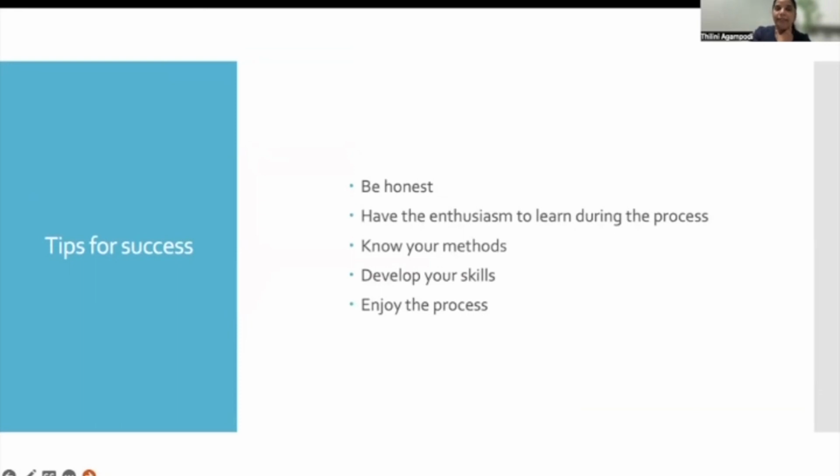Actually, you are successful in qualitative research if you are honest, because a researcher can always interpret wrongly. A researcher can always state what he wants in qualitative research. So you have to be very honest to take the patient's perspective. You should have enthusiasm for learning during the process, to capture more knowledge, go in depth, mining the knowledge.